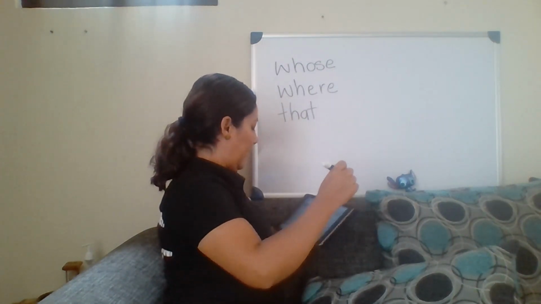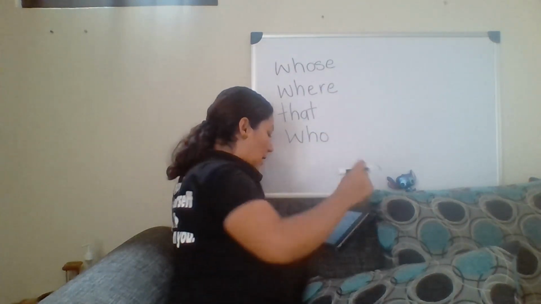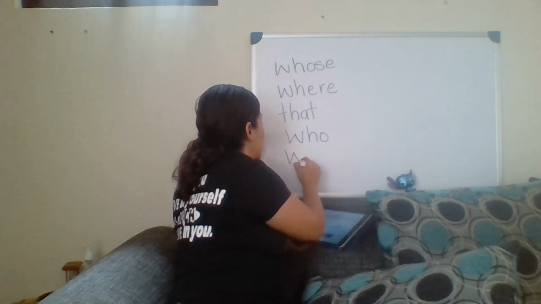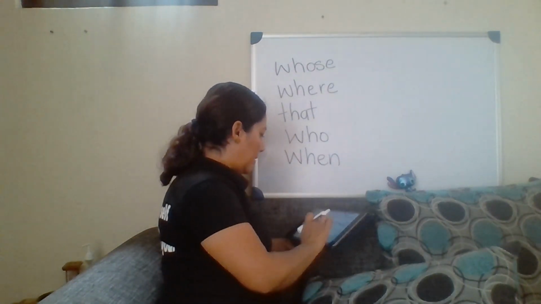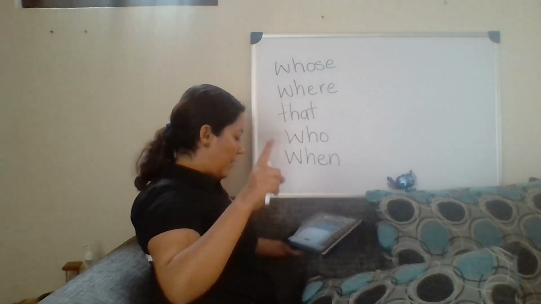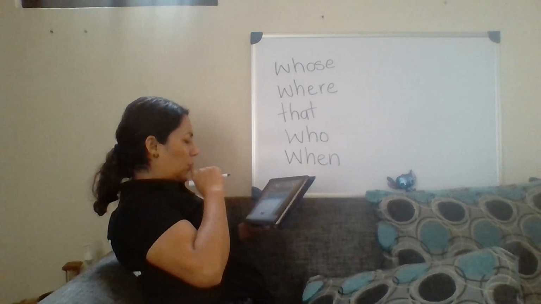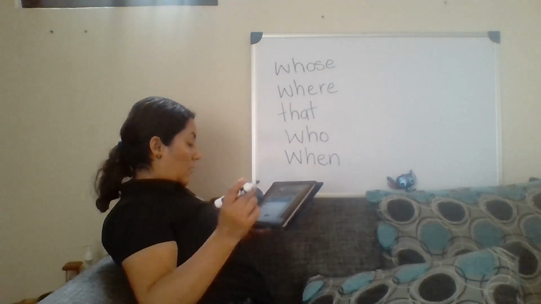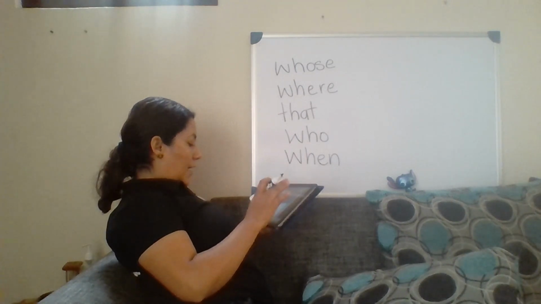The next one is who. Another one is when. Is that it? I think that's it. That, where, 1, 2, 3, 4, 5. Which one am I missing? That. Okay. That's it, I think.